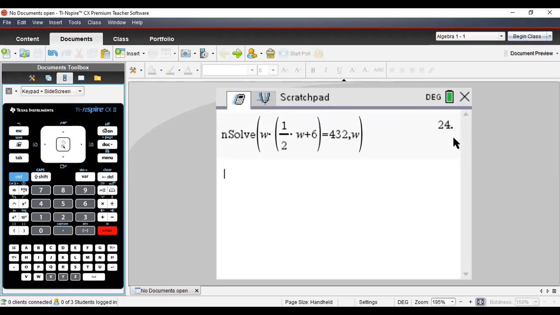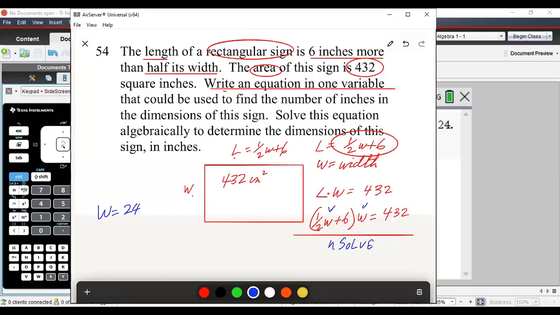So if the width is equal to 24, let's go over here to my iPad. If the width is equal to 24, that means that the length is going to be 1/2 of 24 plus 6. So 1/2 of 24 is 12, and 12 plus 6 is going to be 18.